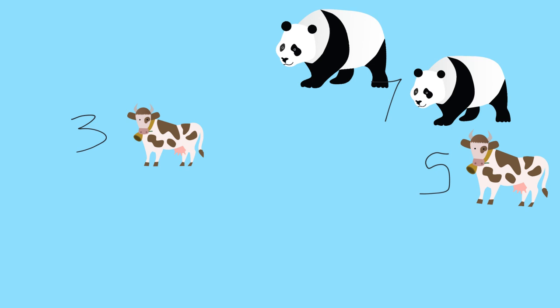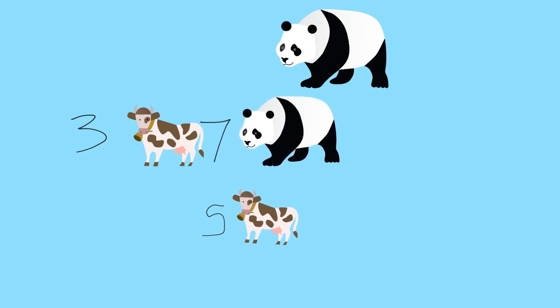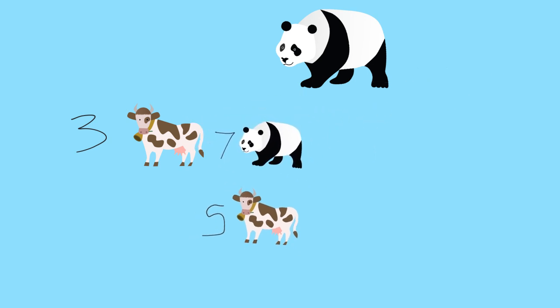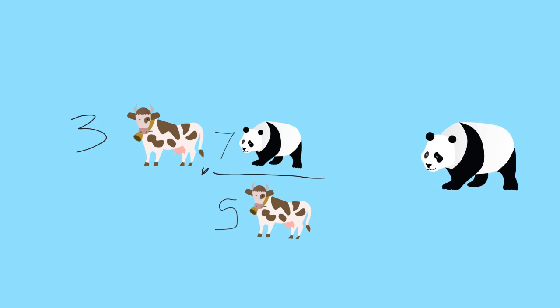So we're going to set it up so that cows are on the bottom and pandas are up on top. So what happens here is we have a fraction and we are multiplying by 3. And hopefully we are left with pandas.